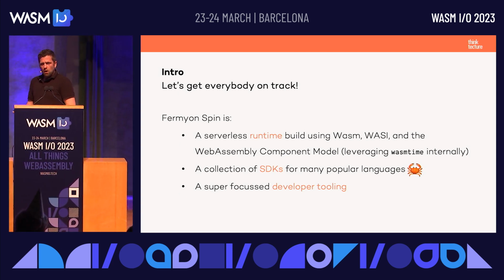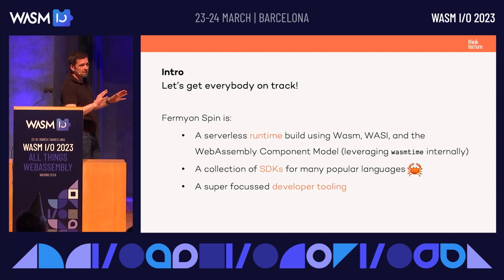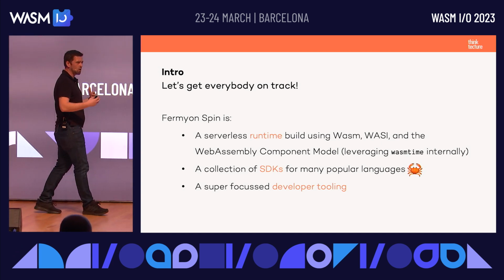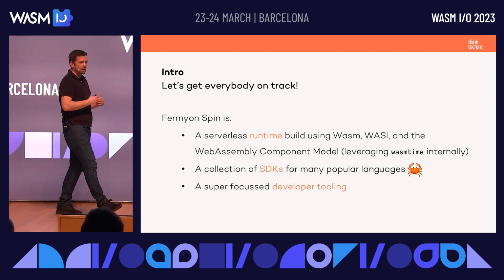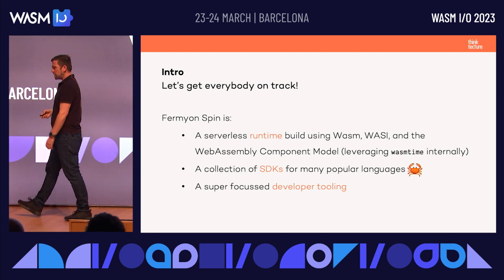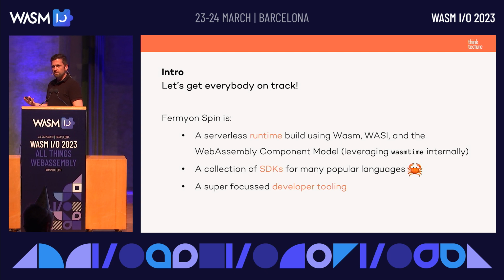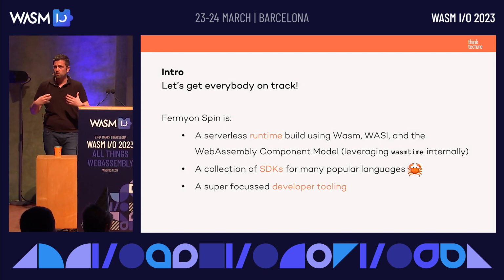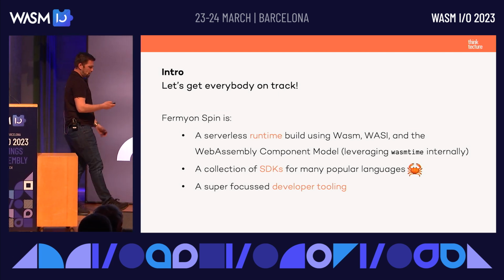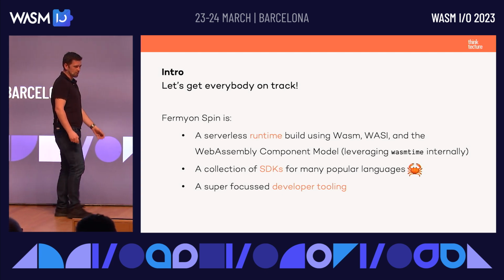So with Spin, we get the Spin CLI that has just a few sub-commands that we can use to create new applications, to compile our code to WebAssembly, to run the applications, or to deploy them. So those are the 3 pillars: runtime, SDK, and dev tooling that Spin provides us as developers to enter the world of WebAssembly when it comes to serverless or reactive applications.